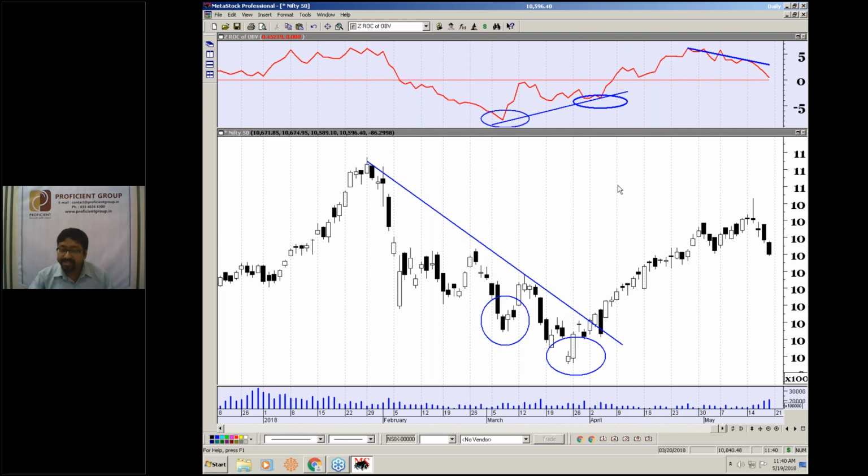So this is the very purpose of the momentum oscillator, that we can see the inherent strength and weakness in price, which is normally not visible to the naked eye if we only look at the price alone, right? And this kind of divergence, I will take this issue up later in one of our later webinars.